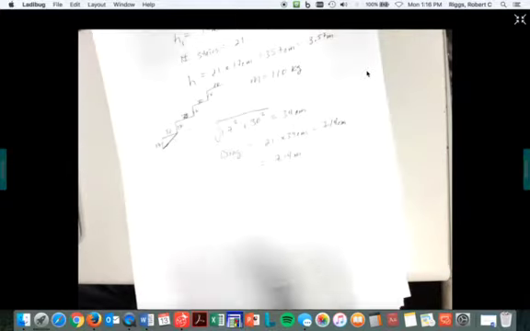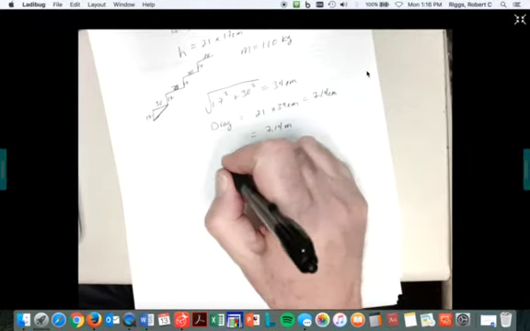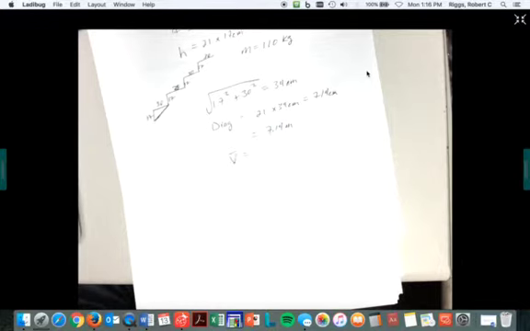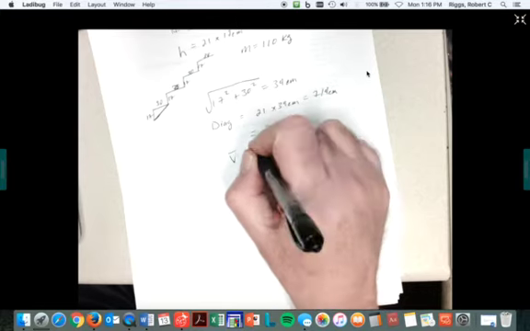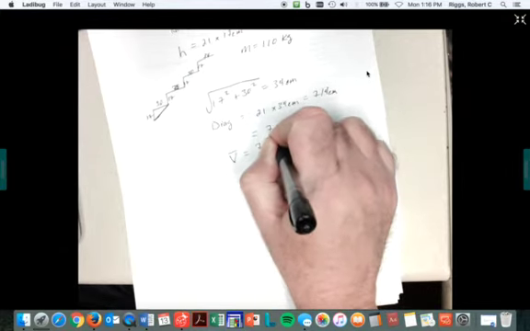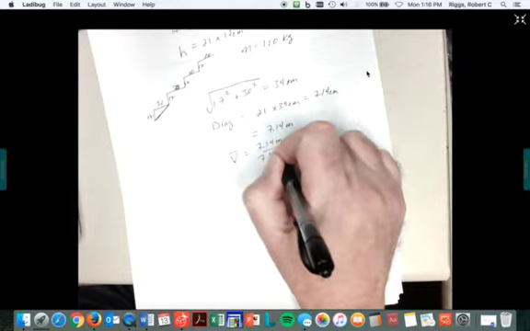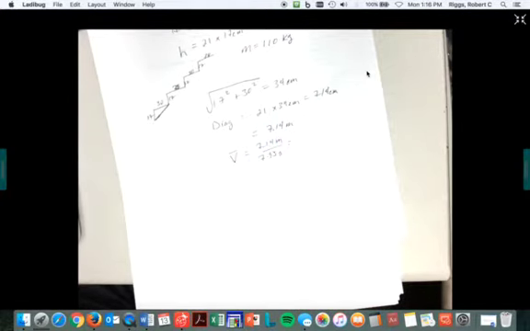So my average speed, which is what we're going to use for my kinetic energy getting to the top, would be 7.14 meters per 7.93 seconds. Meters per second gives me the speed.